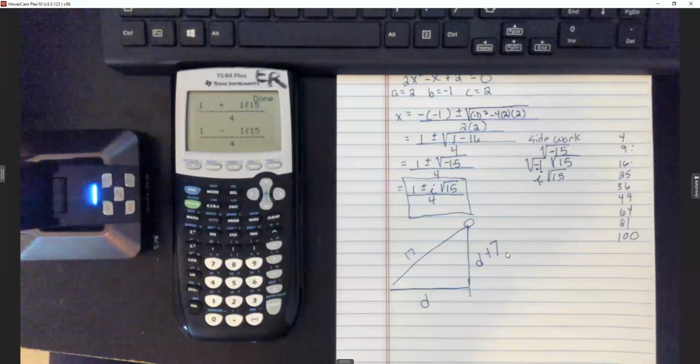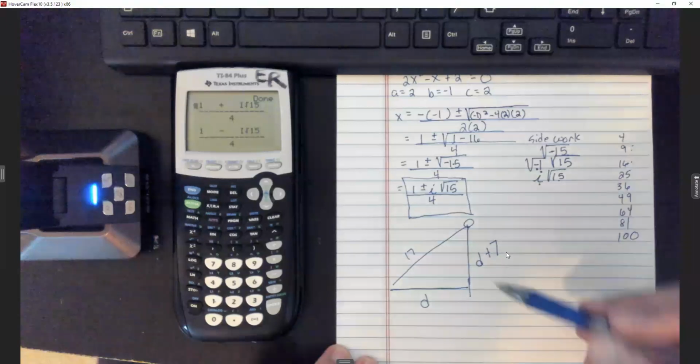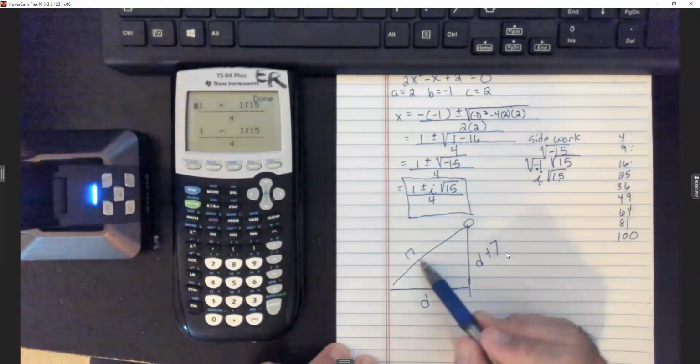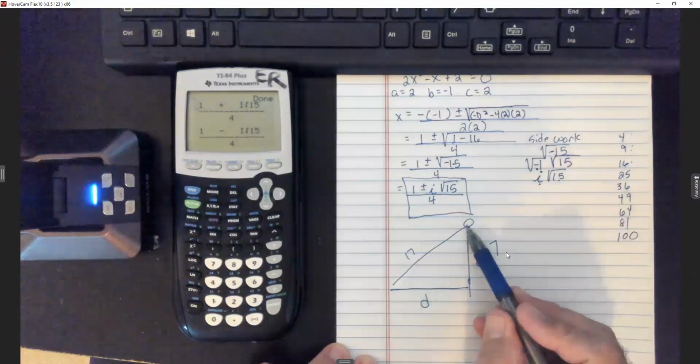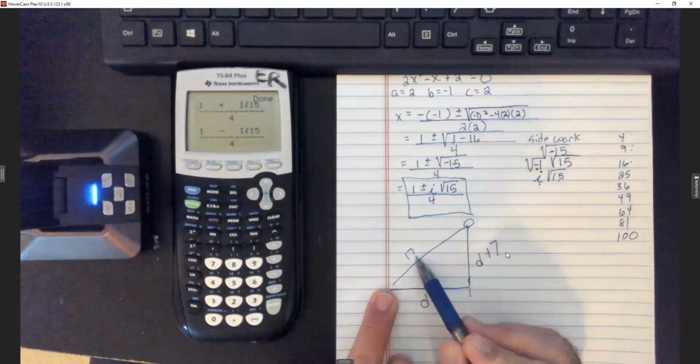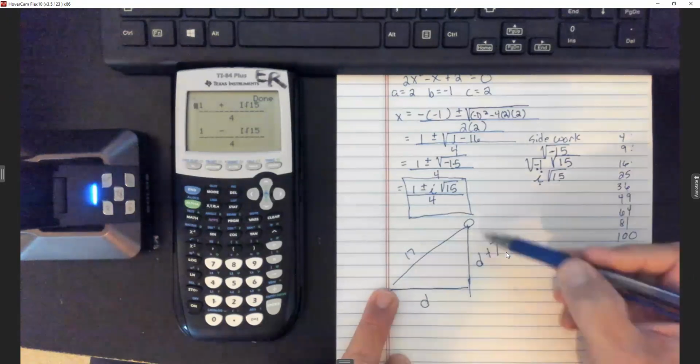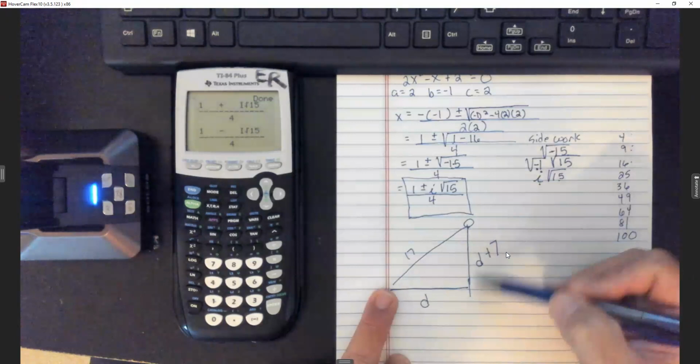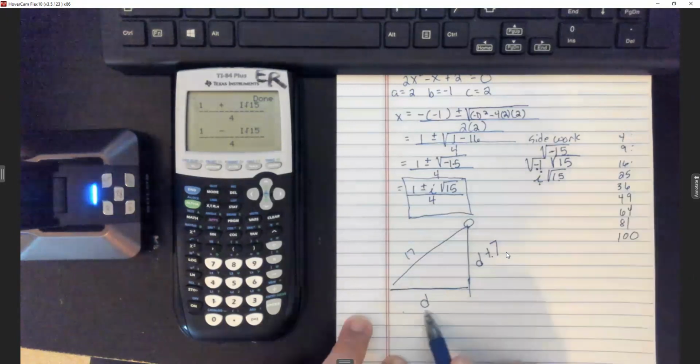All right, so right here I drew the picture. Here's my tower. I had a 17-foot wire stretched to the top of my tower. So I knew that was 17. I knew the height of this tower was 7 feet more than this distance D from the tower to the wire.